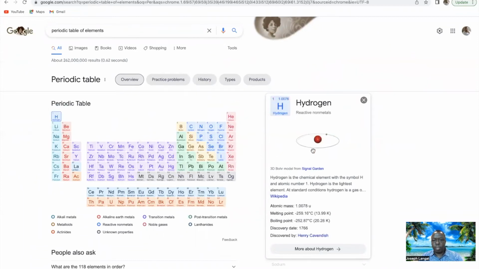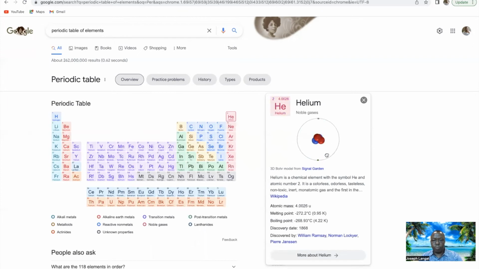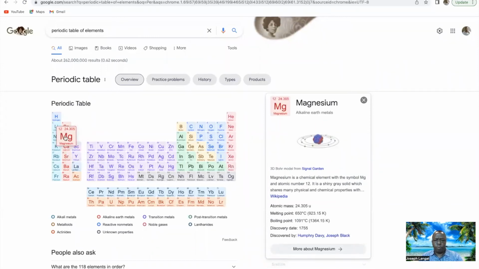This is hydrogen. You see one electron is moving around the nucleus. That's one electron. If it is a two electron system, that is helium, you see the electrons are moving. Suppose we have many electrons, how will they move? Let's say magnesium. You see how the electrons are moving around the nucleus?